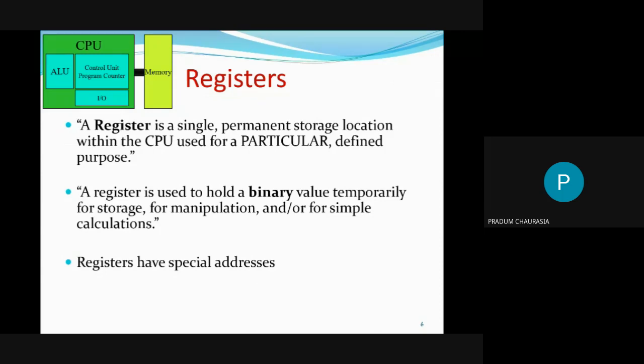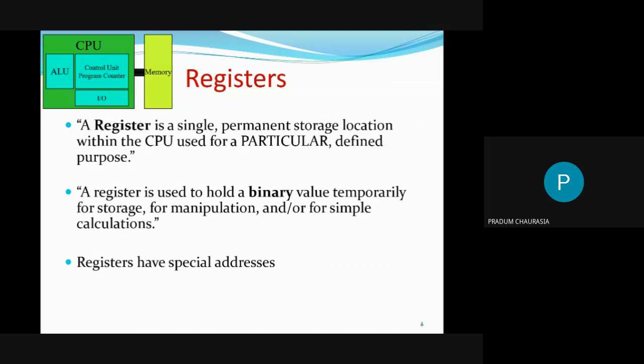It has to wait because RAM is pretty slow, and it is also placed a bit away from the processor. There's always a lag. So we need some kind of memory within the processor. That memory is called a register, right? A register is a single permanent storage location within the CPU used for a particular, defined purpose, right?